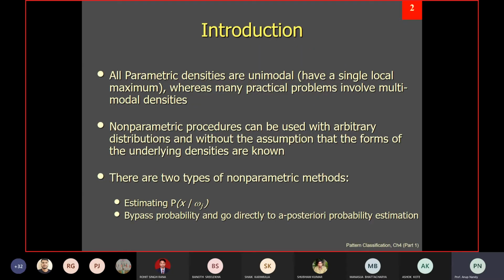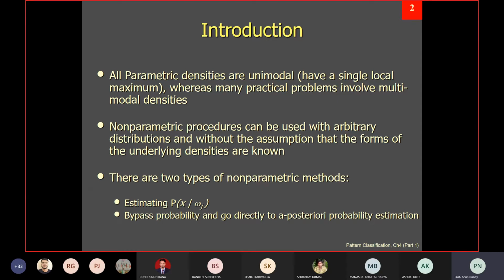So far, whenever you use supervised learning, and everything that I am teaching you is supervised classification, not unsupervised, we have the assumption that the underlying density functions are known to you.